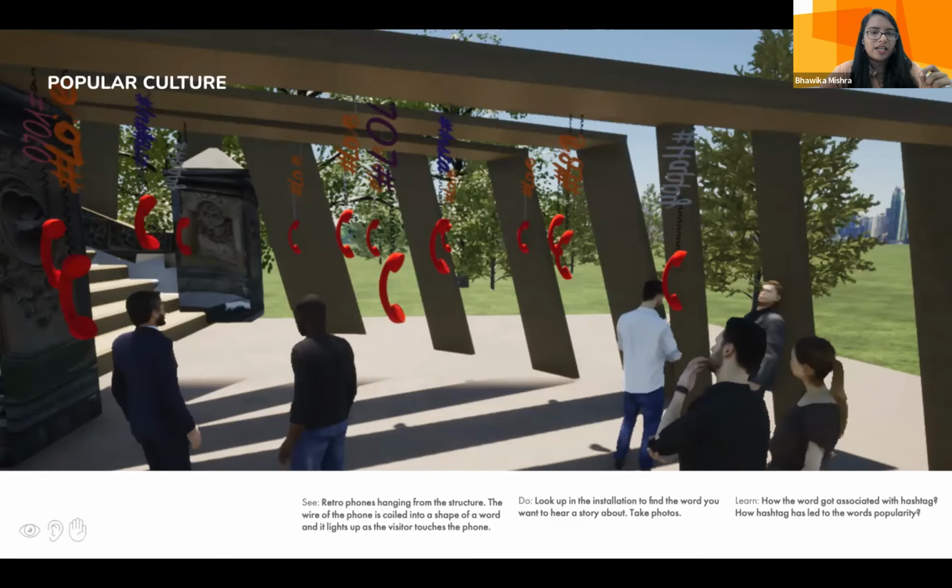And all of these phones are connected to certain hashtag words, and there's a use of lighting in this particular part of the activity, and people are encouraged to take a phone and hear about the hashtag word associated with it, and learn its story and know more about, for example, how hashtag love started being used and how many times it has been used and how people are using it on a daily basis.